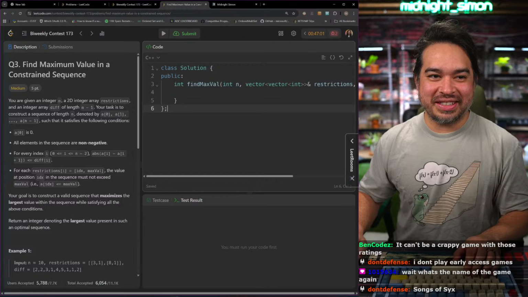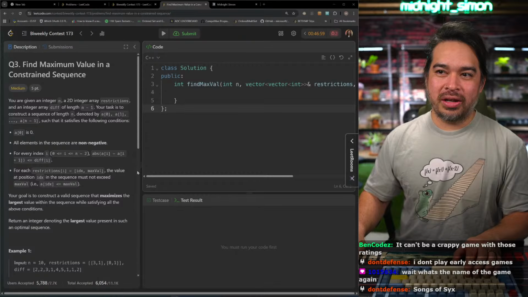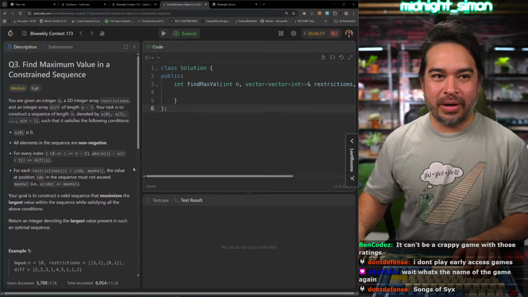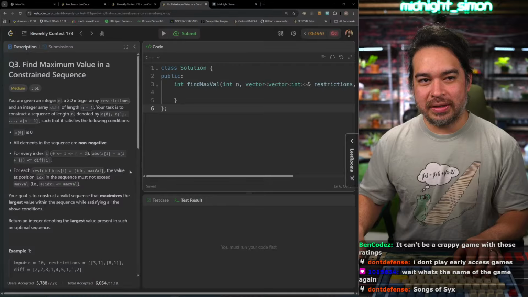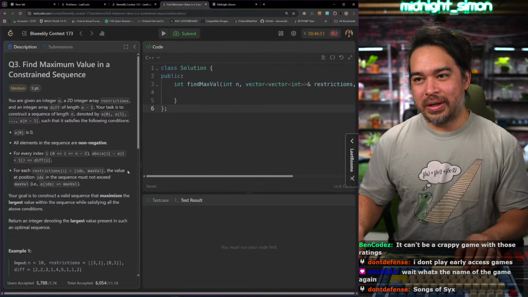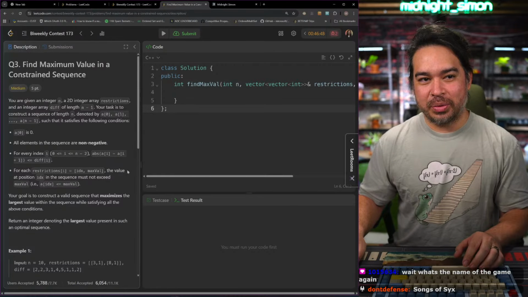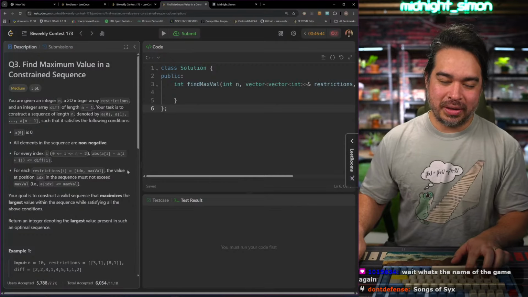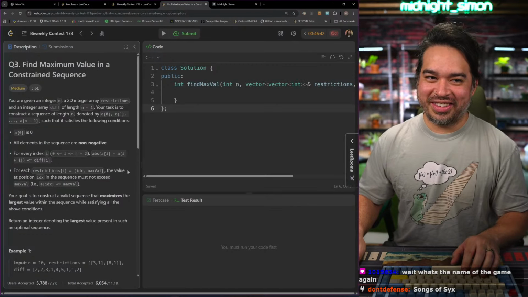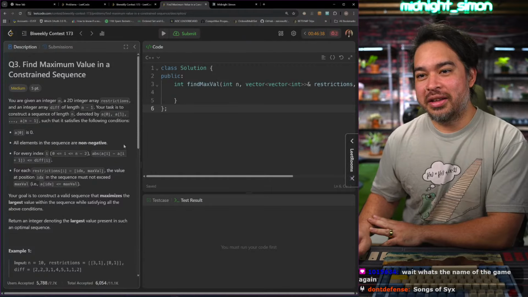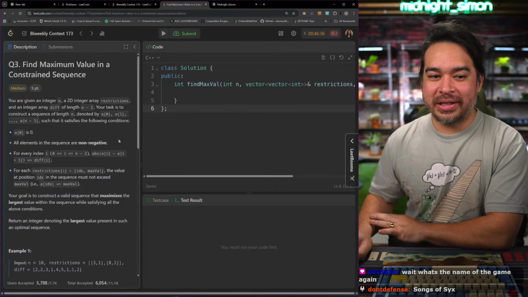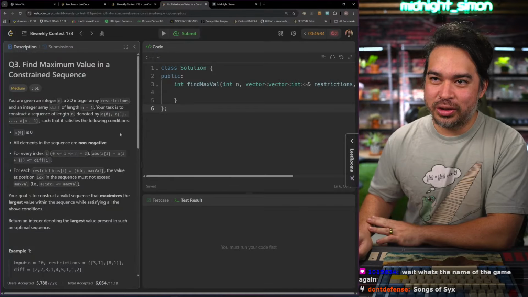Songs of Syx is like a colony management or empire building game, and it's pretty detailed. If you like those types of games, like Dwarf Fortress and RimWorld, which are probably the two biggest games in that genre, I think this game is worth a try. I'm about to go play it right now after I finish streaming, maybe.